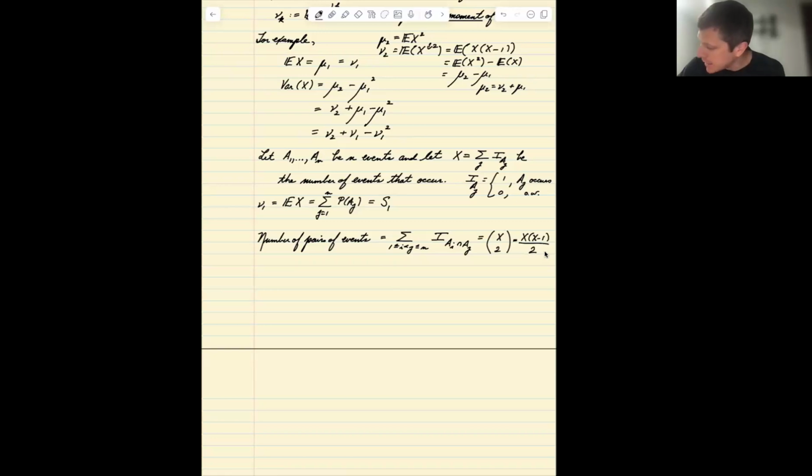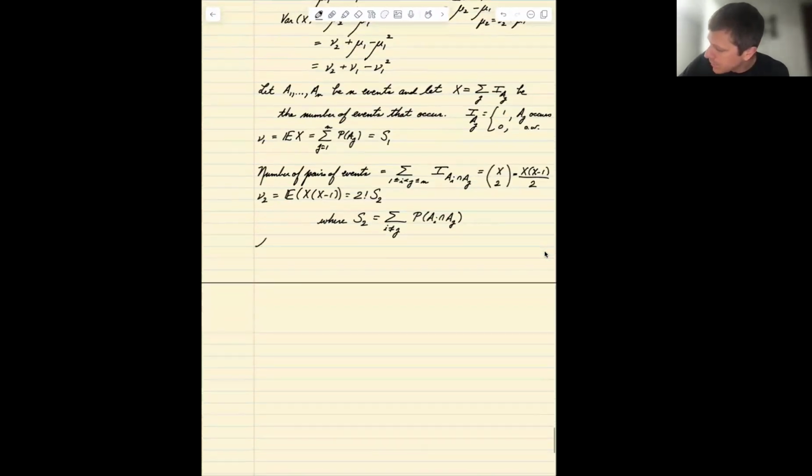Right? So then in this case, nu2, which is the expectation of X times X minus 1, is equal to 2 factorial times S2, where S2 is the sum over pairs of the probability of Ai intersect Aj. And so on and so forth.